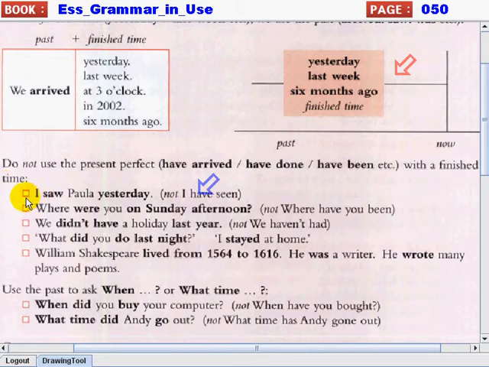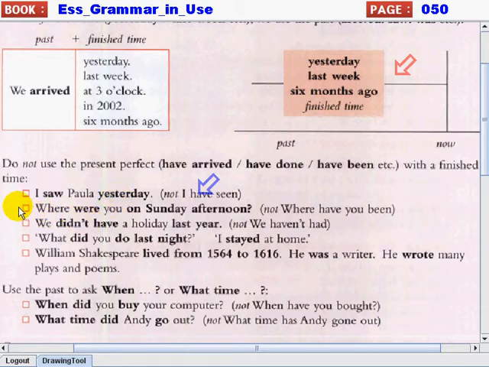Example. I saw Paula yesterday. You cannot say, I have seen Paula yesterday. Alright? Because if you notice, it doesn't have a connection to our present time or to the present situation, right? We just use present perfect if the action has a connection to the present, right?